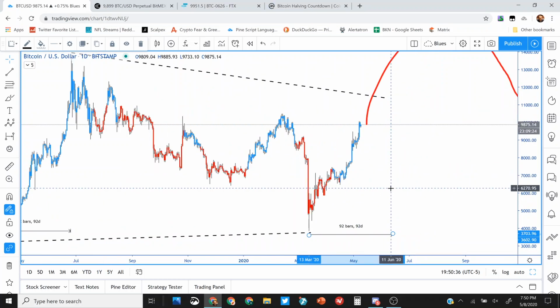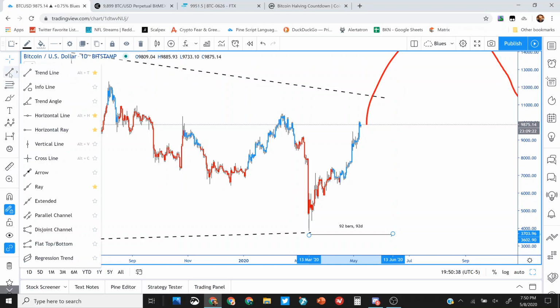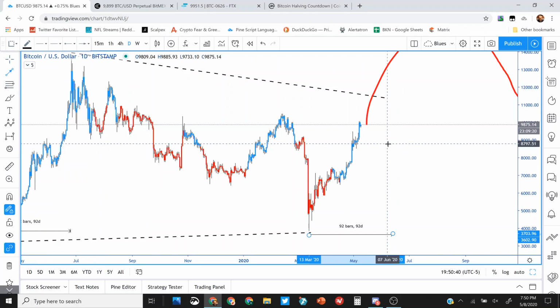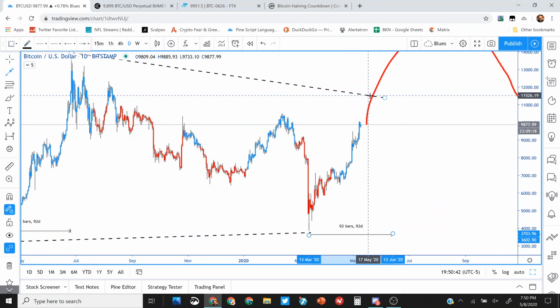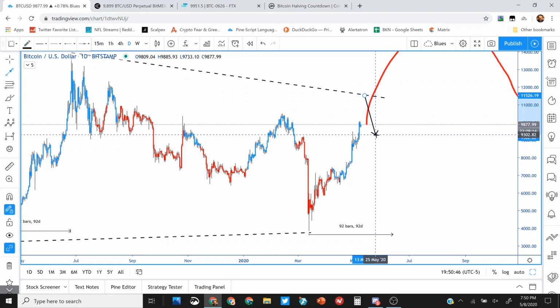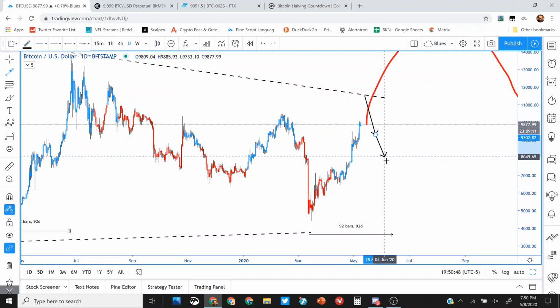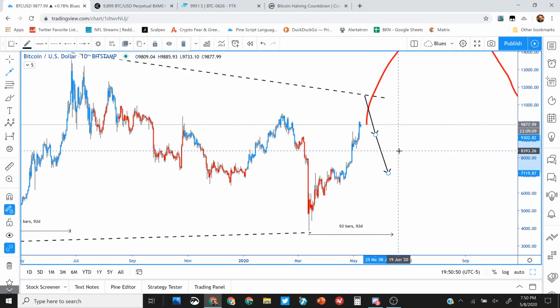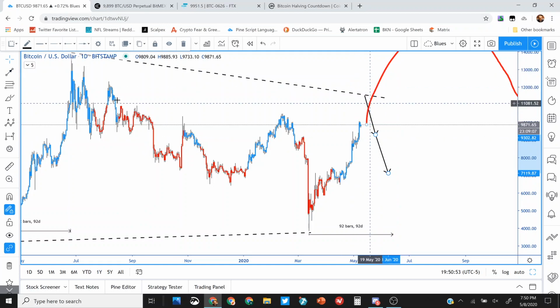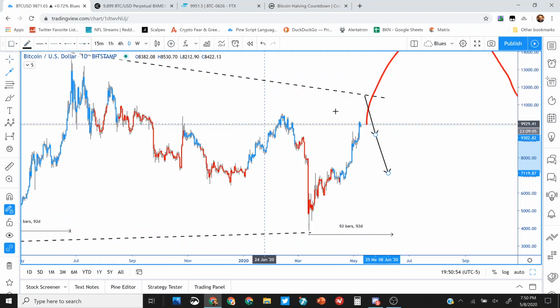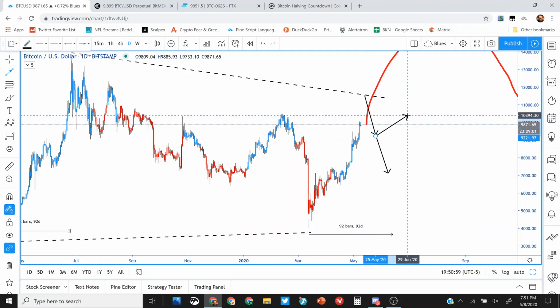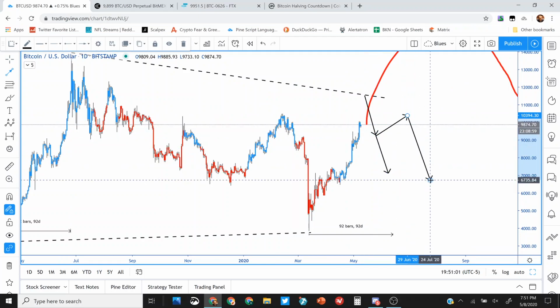In the dump, the significance of the dump will need to be taken into account for the next move. Is it here or is it lower? And it could even be that the first move down comes there, and then we form something like this, and come down again.